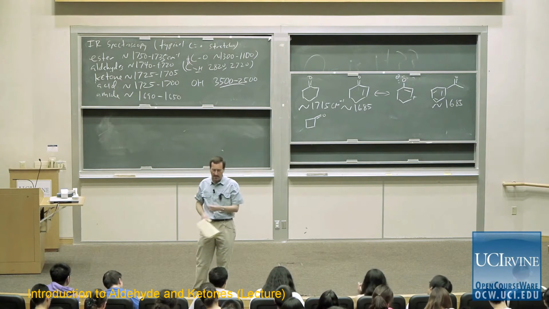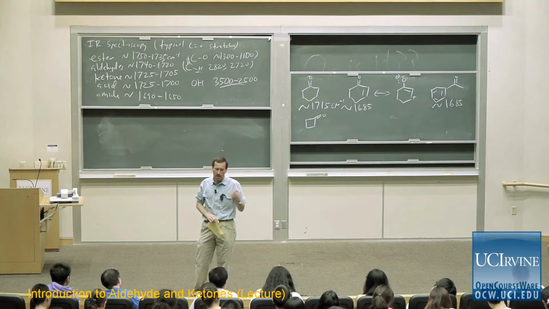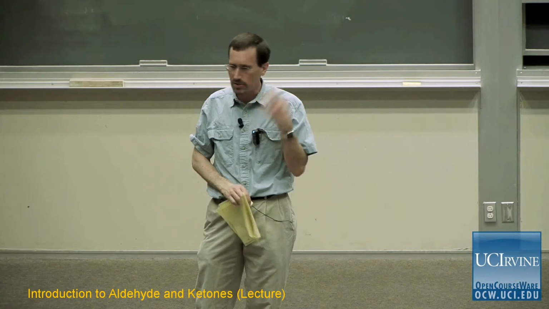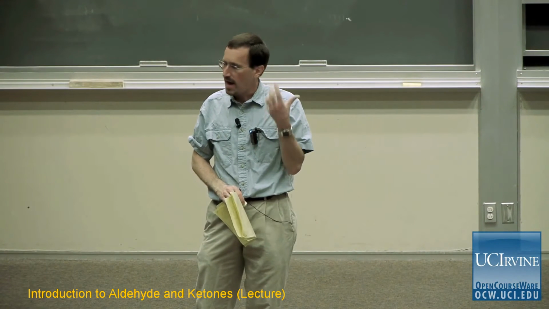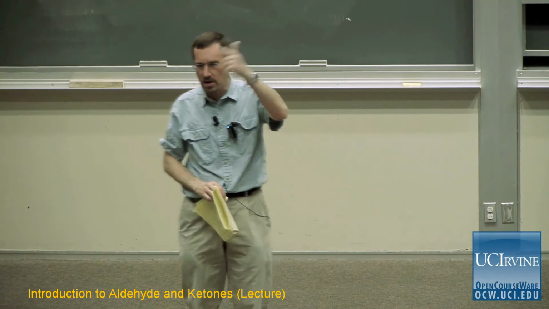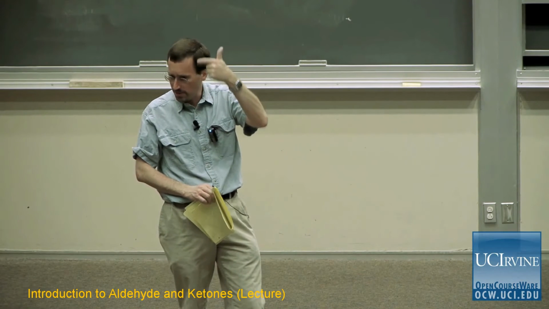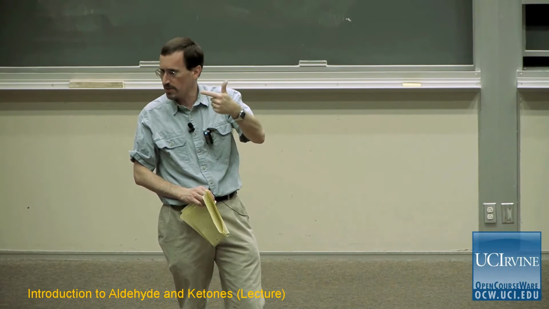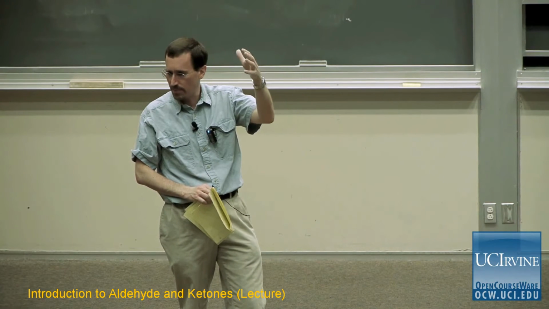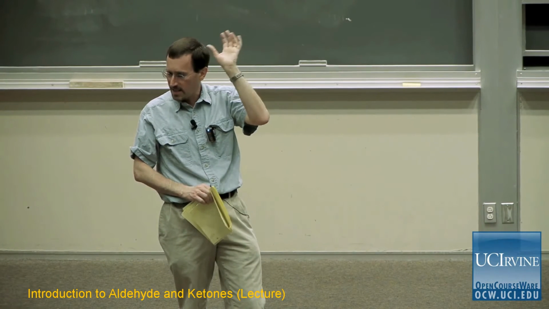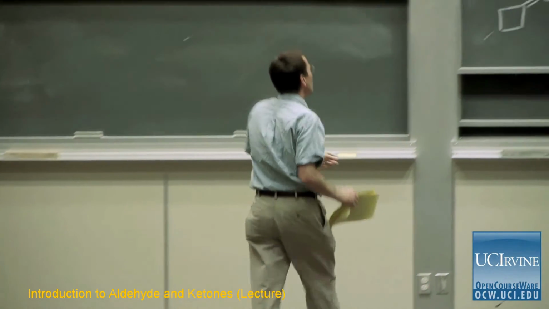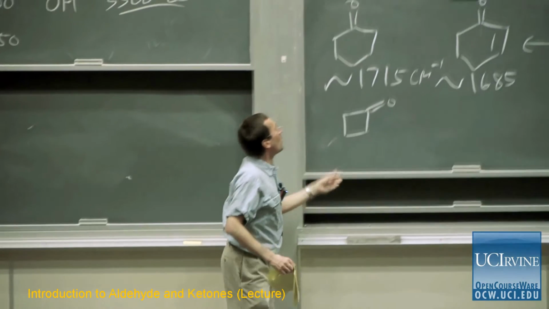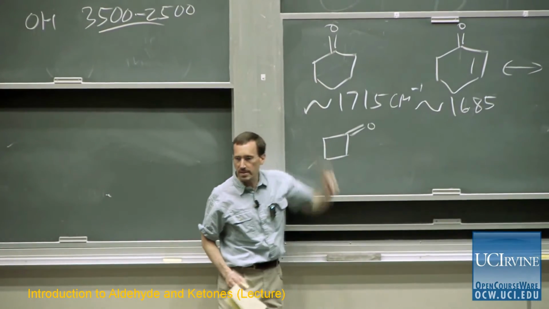In cyclohexane and cyclohexanone, the carbon-carbon bond angles can be essentially what they desire to be. An sp3 carbon bonded to an sp3 carbon bonded to an sp3 carbon wants to be 109.5 degrees. An sp3 carbon bonded to an sp2 carbon bonded to an sp3 carbon wants to be 120 degrees.